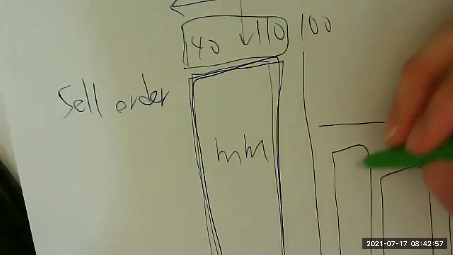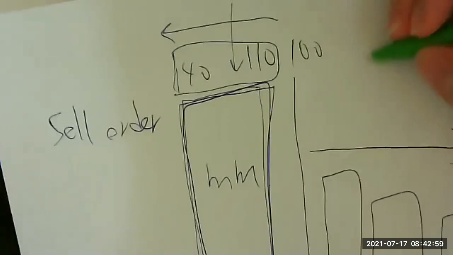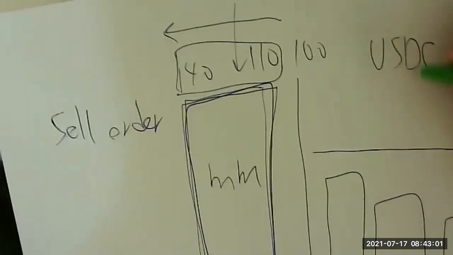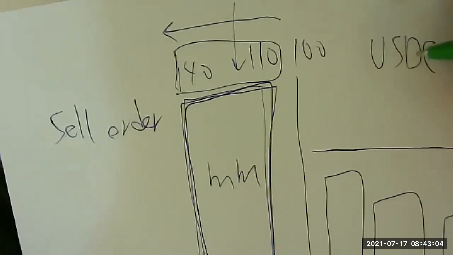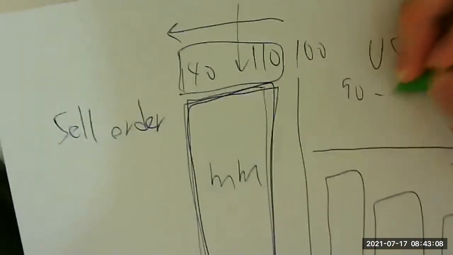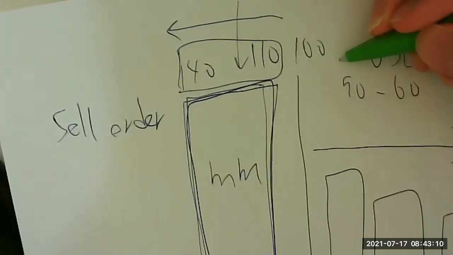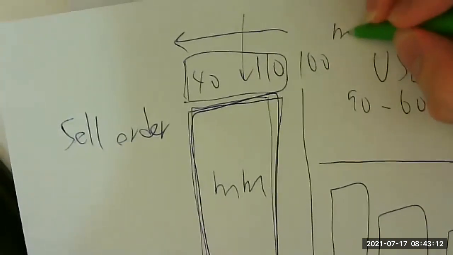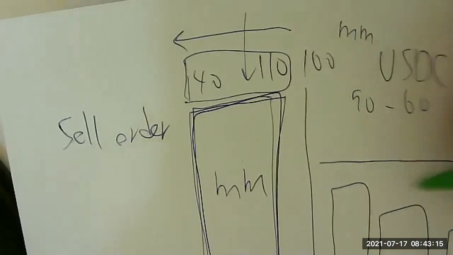And if you put liquidity pool below the current price, say you put USDC, then that acts as buy orders, because if you put the range below current price, say 90 to 60, then as the price goes down, people will be swapping NM with your USDC.